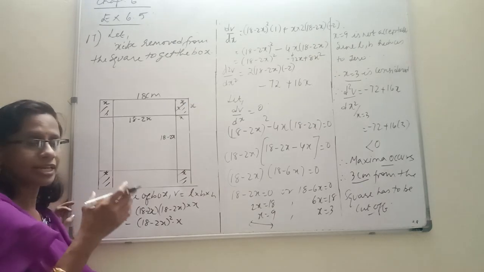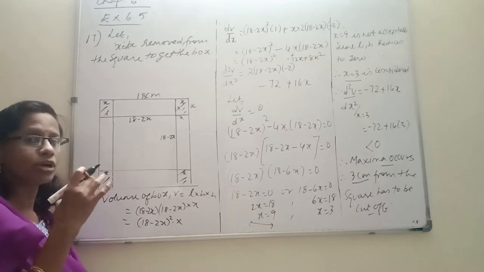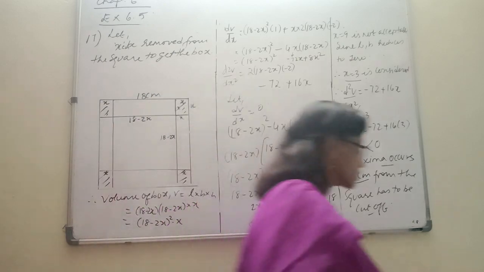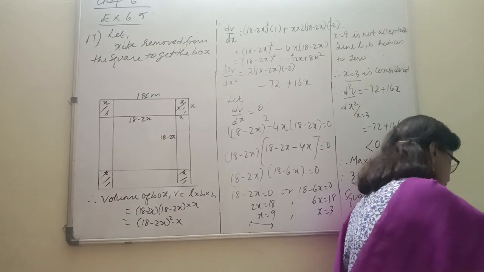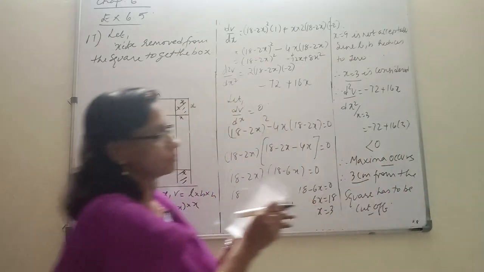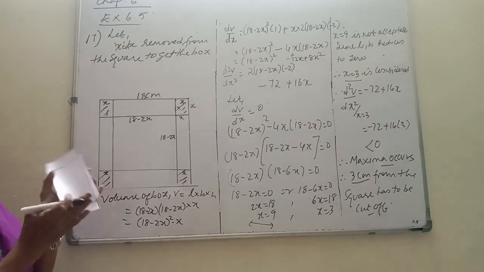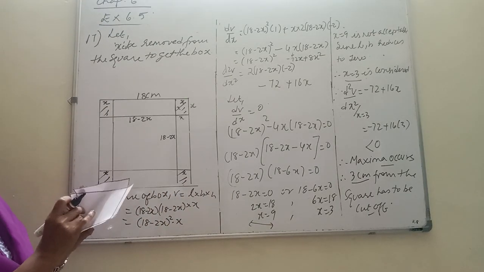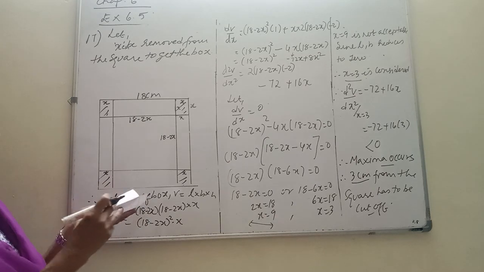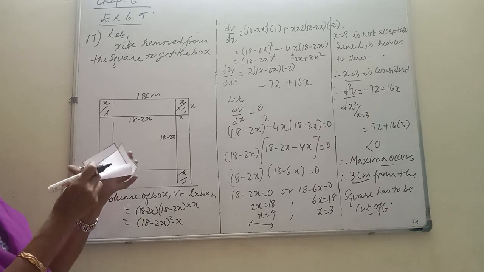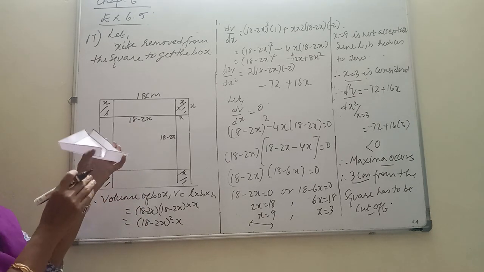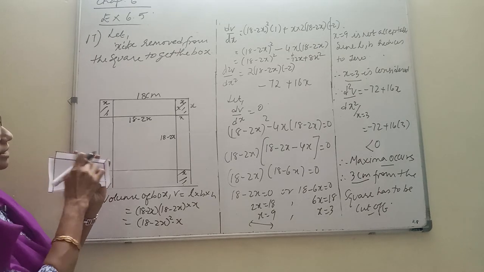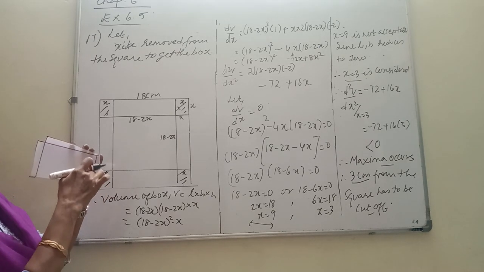What results is the kind of thing that I had showed you, which will have the base. When you have a box like this, we need to visualize what is the length, what is the breadth, and what is the height of this box. Given this box, its length is this. Its width is this.